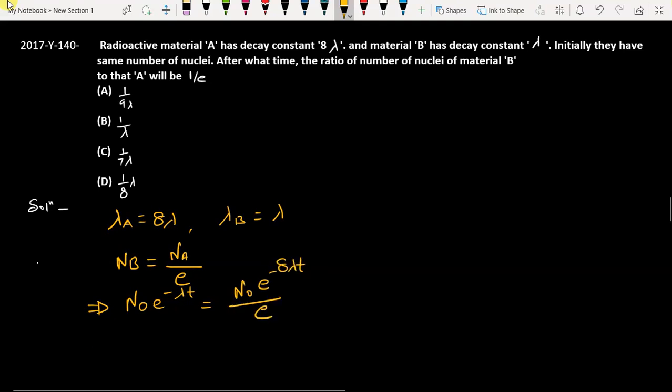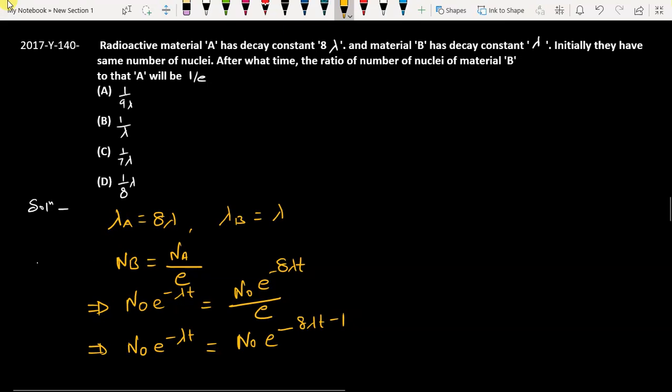So from here we can say N naught e to the power minus lambda t will be equal to N naught e to the power minus 8 lambda t minus 1, right?